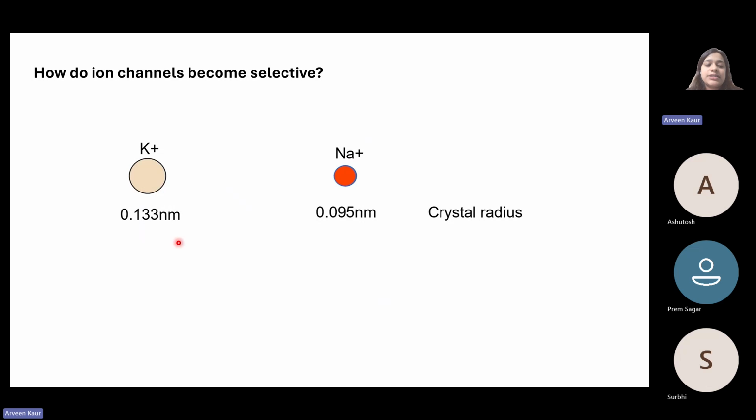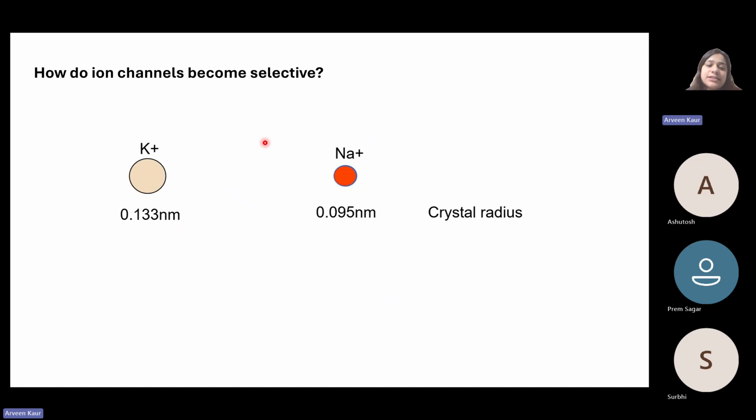So, for instance, we'll tell you the crystal radius of potassium as well as sodium, right? So, potassium is actually bigger in size, 0.133 nanometer, and sodium is only 0.095 nanometer, right? So, ideally, what I would have thought is how are they becoming selective? If it was like a sieve, right, that only a particular size of the ion can pass through a particular channel, it would have been good.